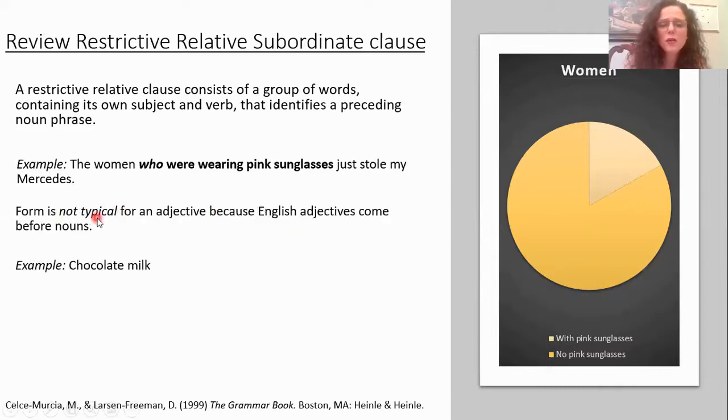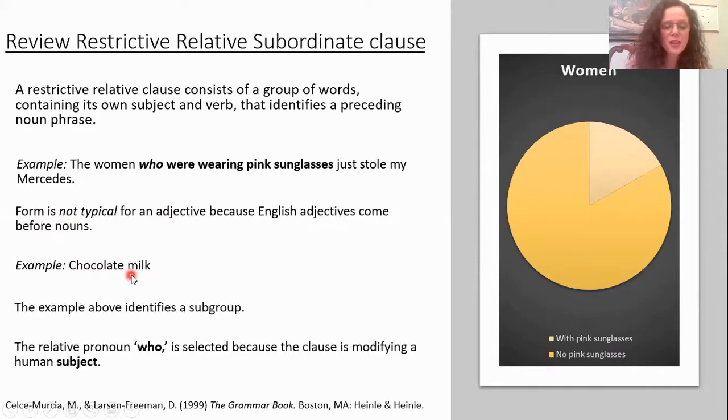However, the form is not typical for an adjective because English adjectives come before nouns, like chocolate milk. Chocolate comes before milk. The example above, the women who were wearing pink sunglasses just stole my Mercedes, identifies a subgroup, which is what restrictive relative clauses do.